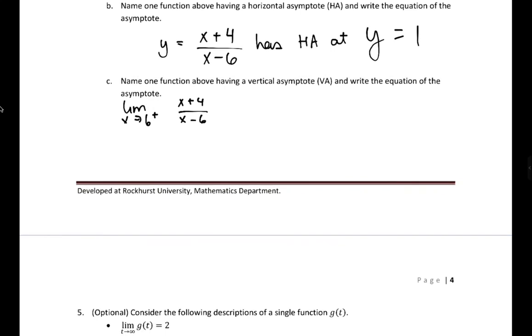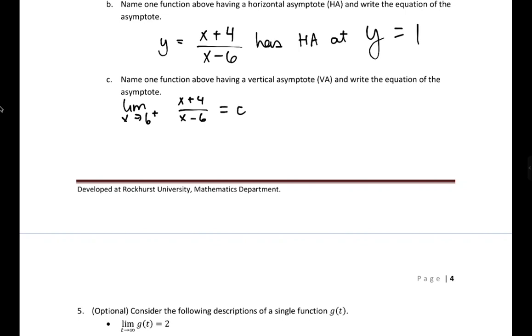If you think about this, if I take numbers that are close to 6 but a little bigger than 6, such as 6.1, then I'm going to get a very large number that's also positive. And so because this limit is equal to infinity, I could create a table to justify this more, but this is just asking us to name one.